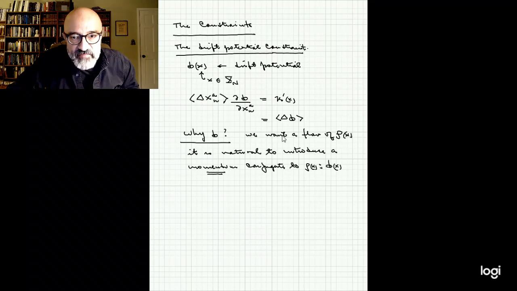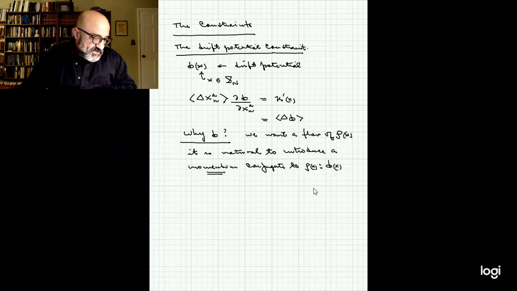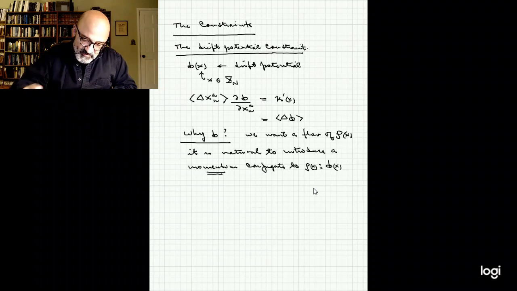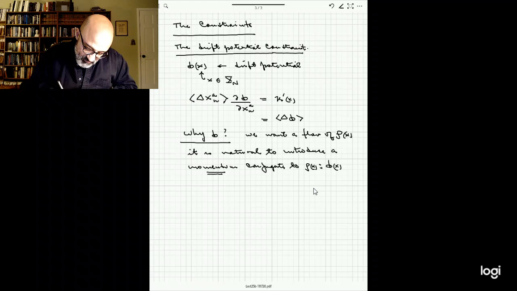Just with this, we can actually build an interesting dynamics. But I'm going to introduce yet another constraint to make it look even more like physics. I'm going to introduce a gauge constraint.